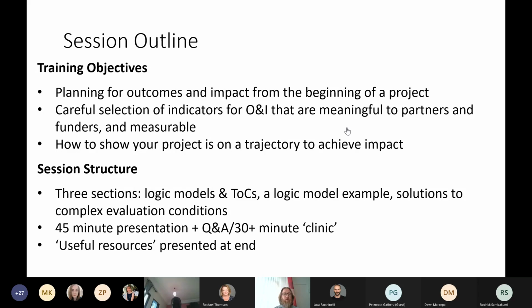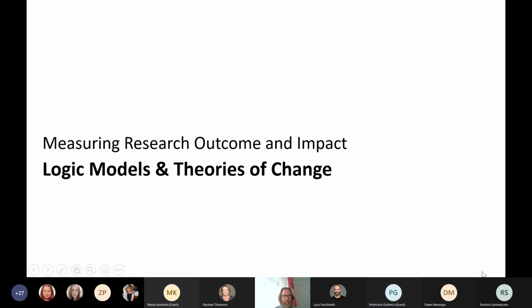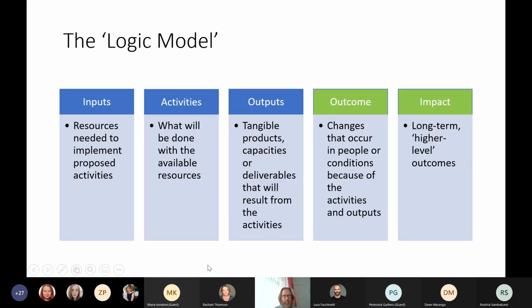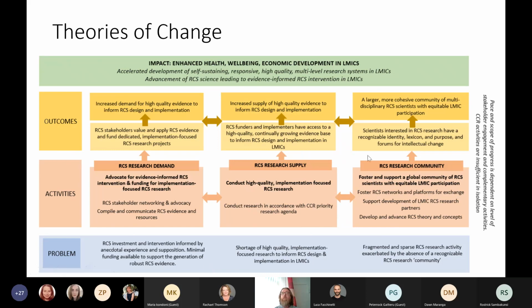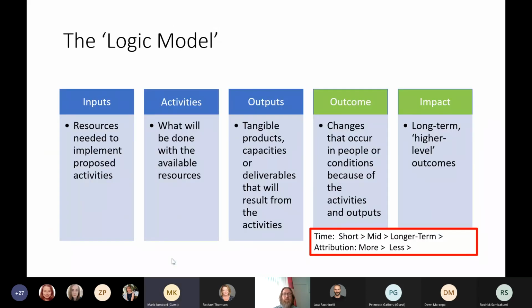I should also note that something strange has just happened there. Can you all see my presentation still? Yes. So I no longer can. I don't know why. Sorry, I just need to fix this.